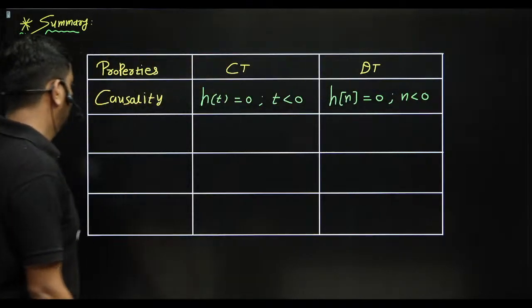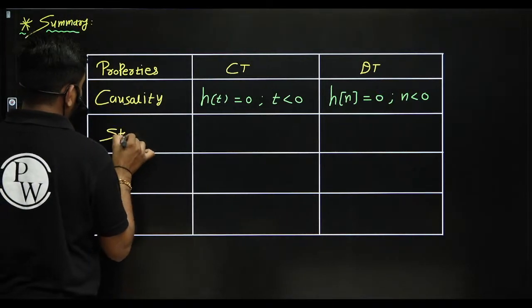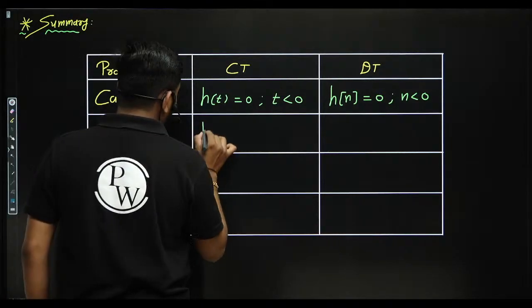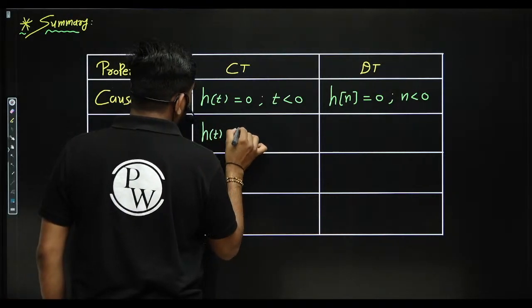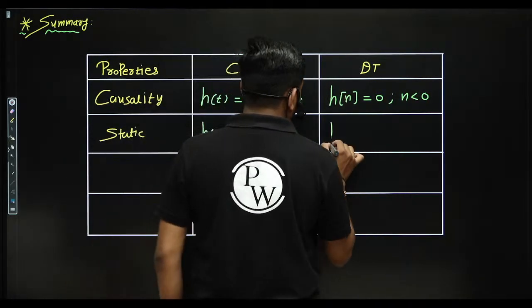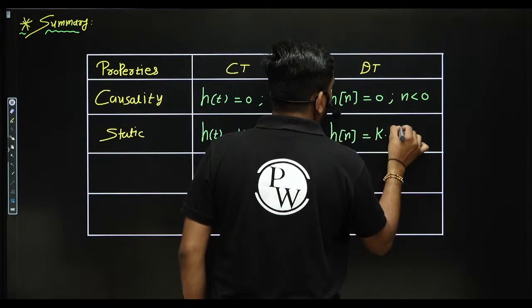Correct? Now next is static, guys. For an LTI system to be static, its impulse response must be an impulse function itself, k del t, and here same thing, h of n is equal to k into del n.